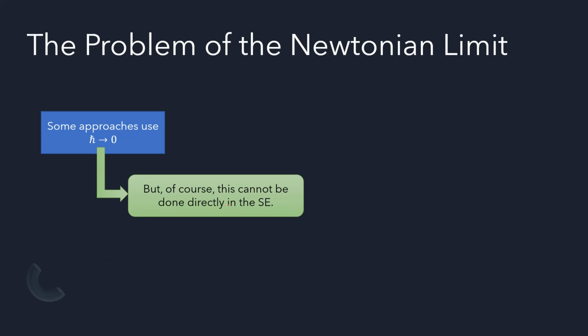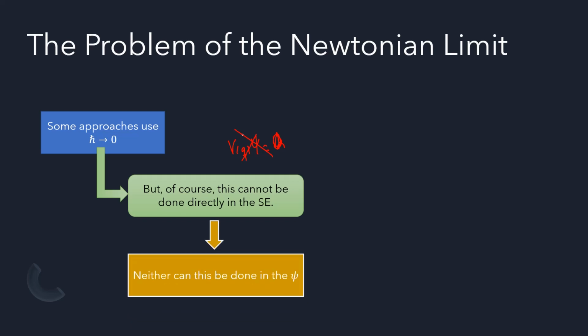It makes no sense, of course, to have something like Vx c equal to I h bar 0. Of course, this makes no sense. It also makes no sense to make the h equal to 0 directly in the psi function, the probability amplitude.